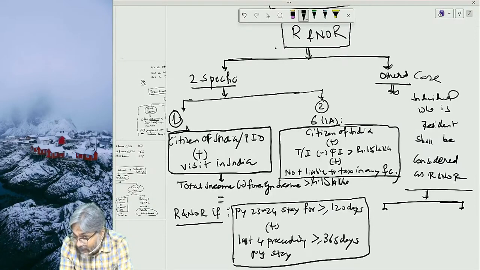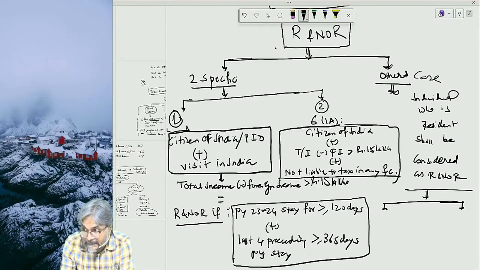Remember, R and NOR means that he is a non-resident for less than 2 years in the last preceding 10 previous years. Less than 2, because if it is a minimum of 2, that is R and OR. So in this case, I will write it like this: either this or this.